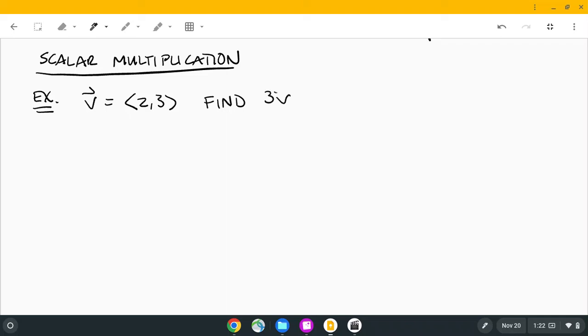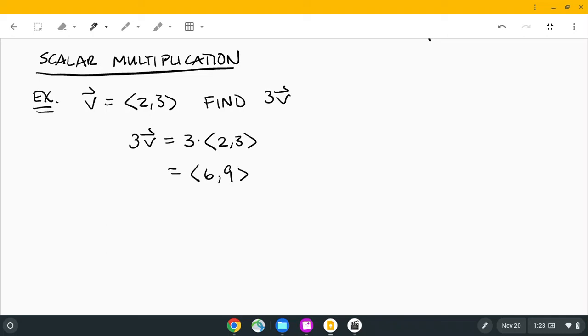So 3 times vector v. Okay. So 3 times vector v is what you might imagine it to be, 3 times this vector. And you would multiply both components, x and y, by 3. So you would get 3 times 2, which is 6, and 3 times 3, which is 9.